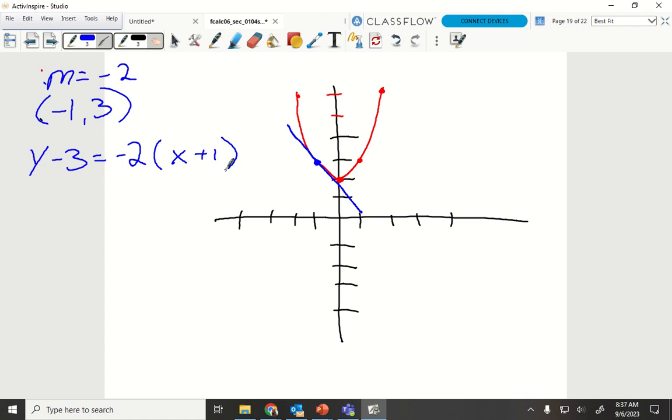Knowing the point-slope formula is going to make this a whole lot easier for you to plug in a lot of your answers.